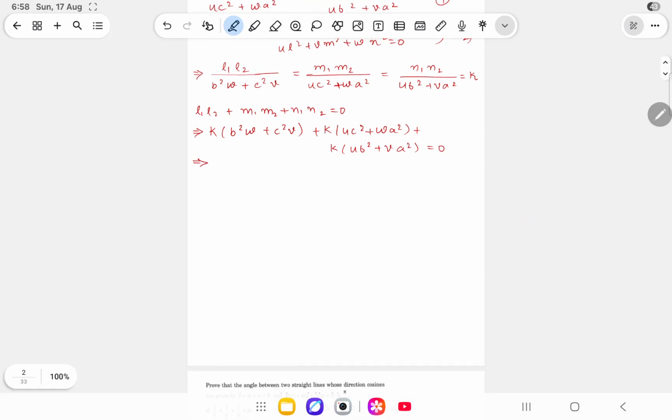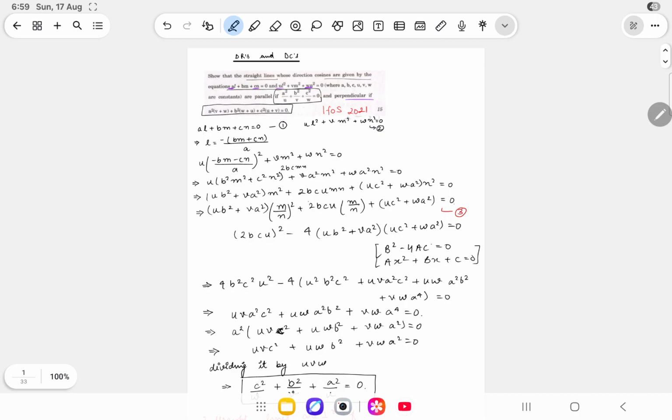We can get rid of this constant k, so we are left with b square w plus c square v plus u c square plus w a square plus u b square plus v a square equals to 0.